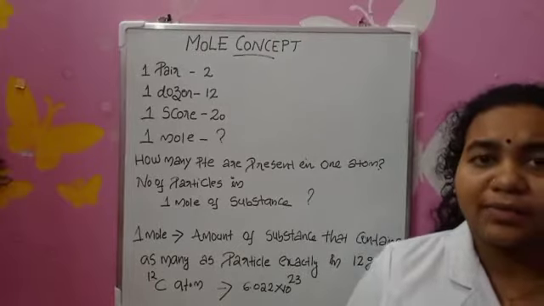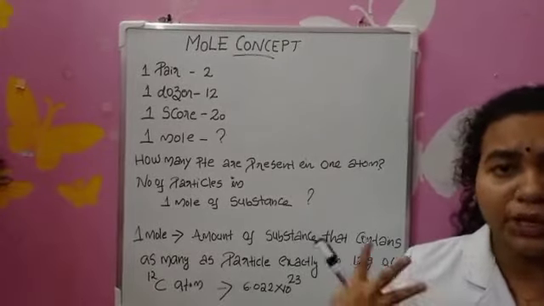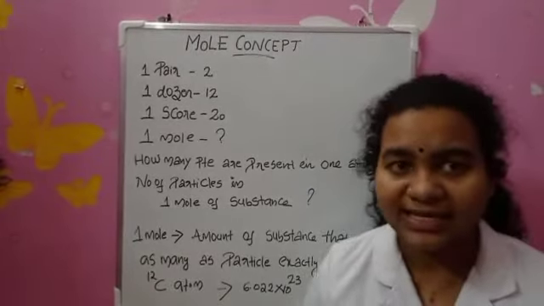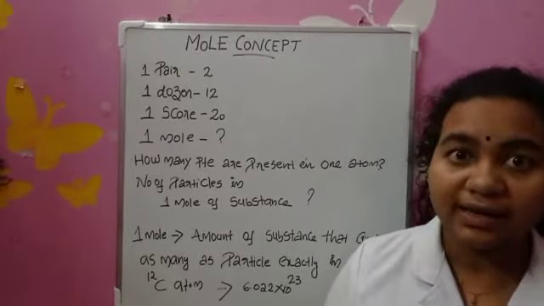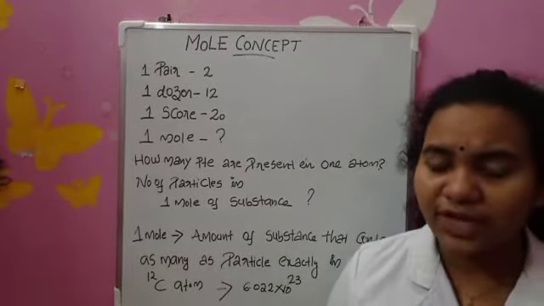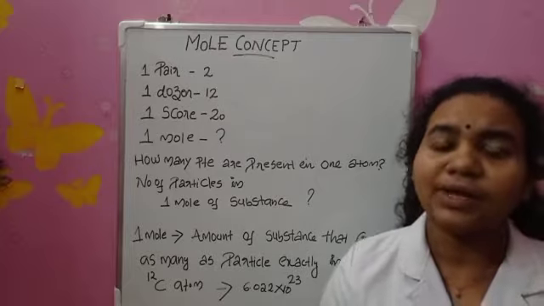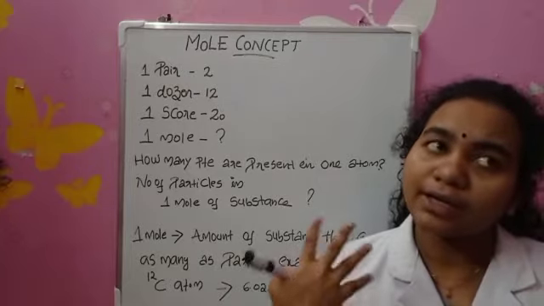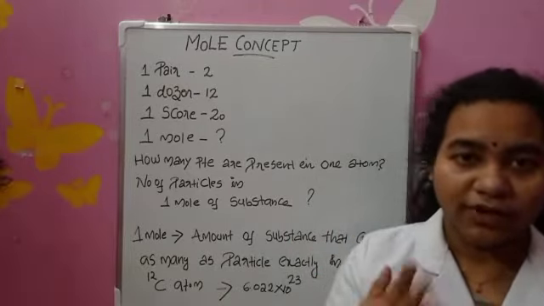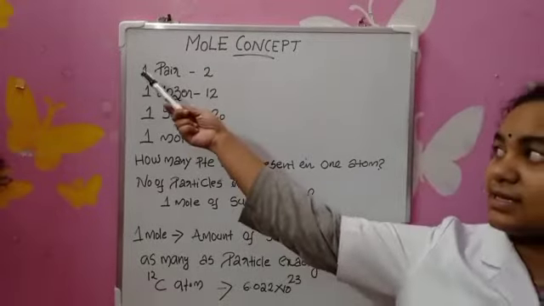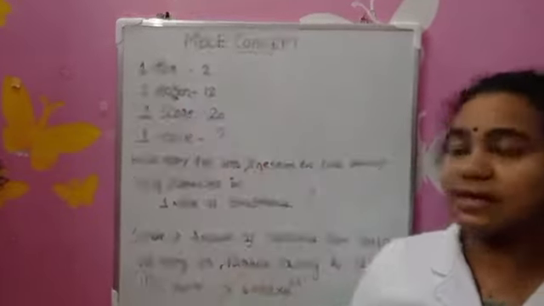So what do you mean by mole concept? Before going to that, we use some terms to denote some numbers. For example, we say one pair is 2.